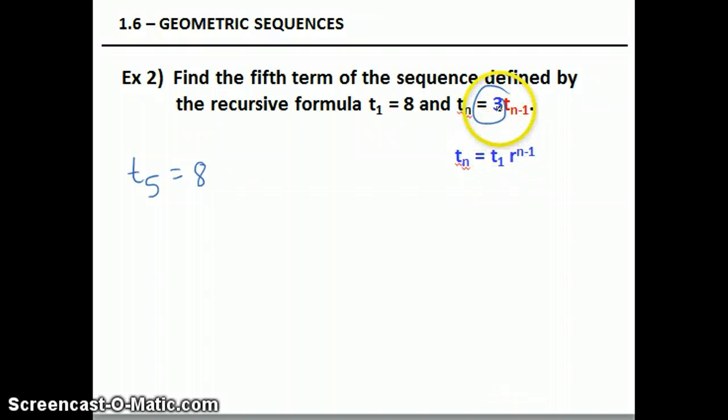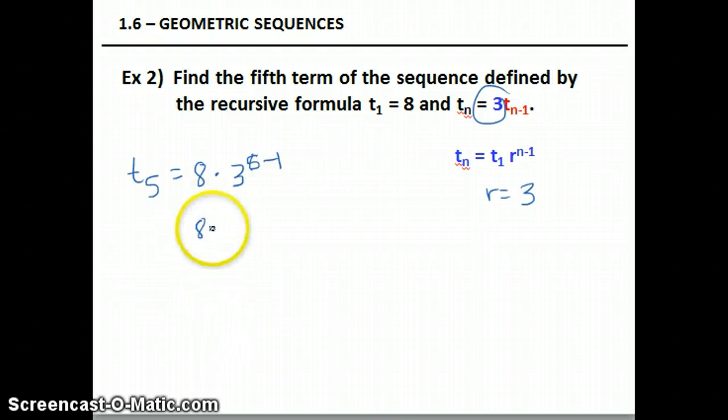It says it's going to be 3 times the previous term, so I'm going to multiply by 3. R equals 3. So it's going to be 8 times 3 to the n minus 1. We've got 5 minus 1, 3 to the 5 minus 1. So I have 8 times 3 to the 4th. 3 to the 4th happens to be 81.